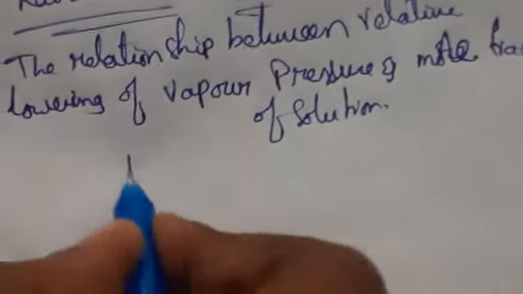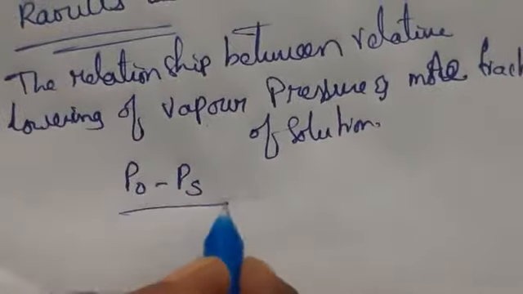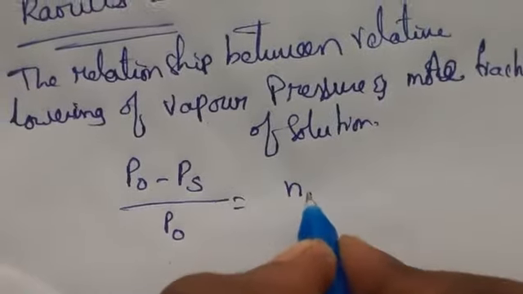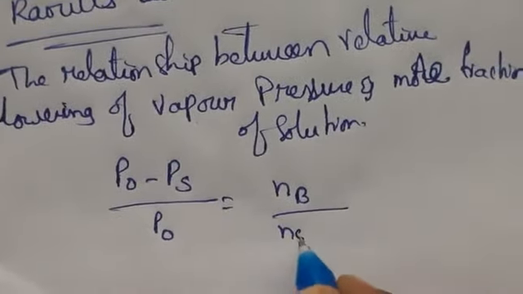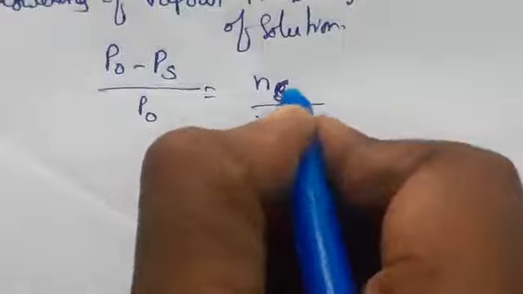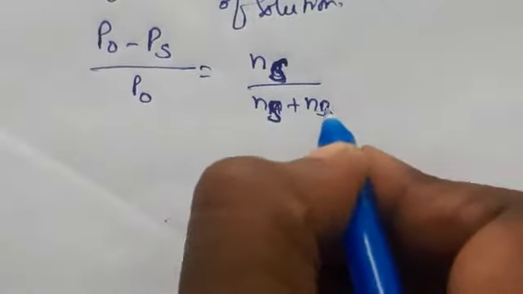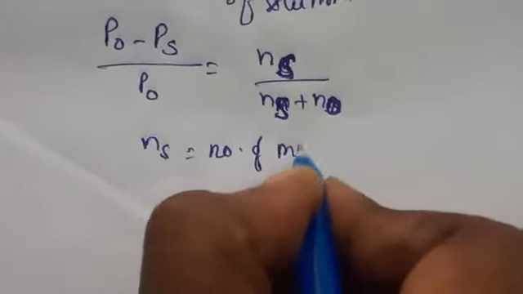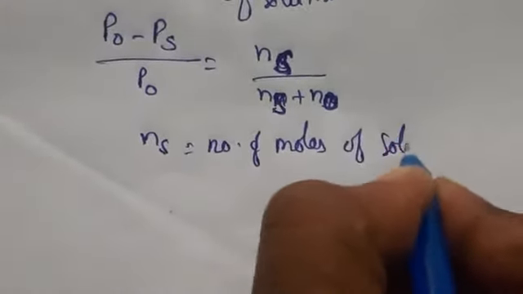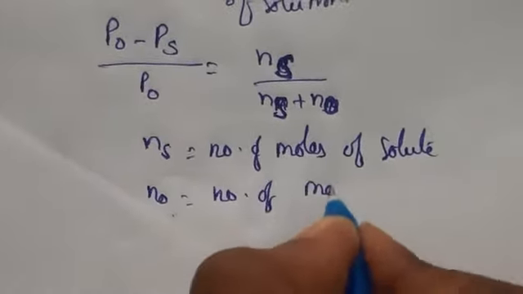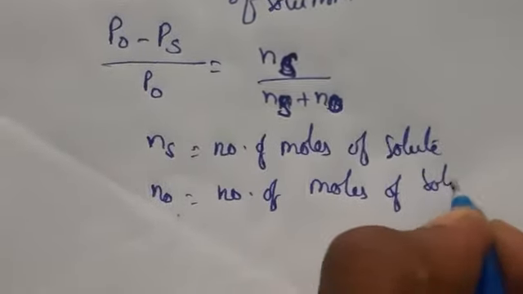Raoult's law means the relative lowering of vapor pressure is P naught minus Ps by P naught. The mole fraction of the solution we can take as Nb by Na plus Nb, or write it as Ns by Ns plus N naught, where Ns indicates the number of moles of solute and N naught indicates the number of moles of pure solvent.